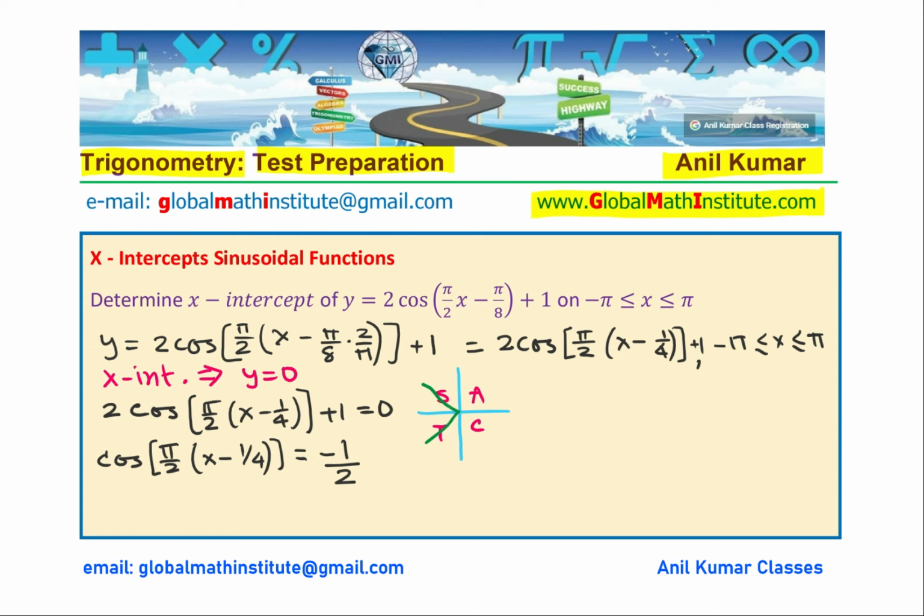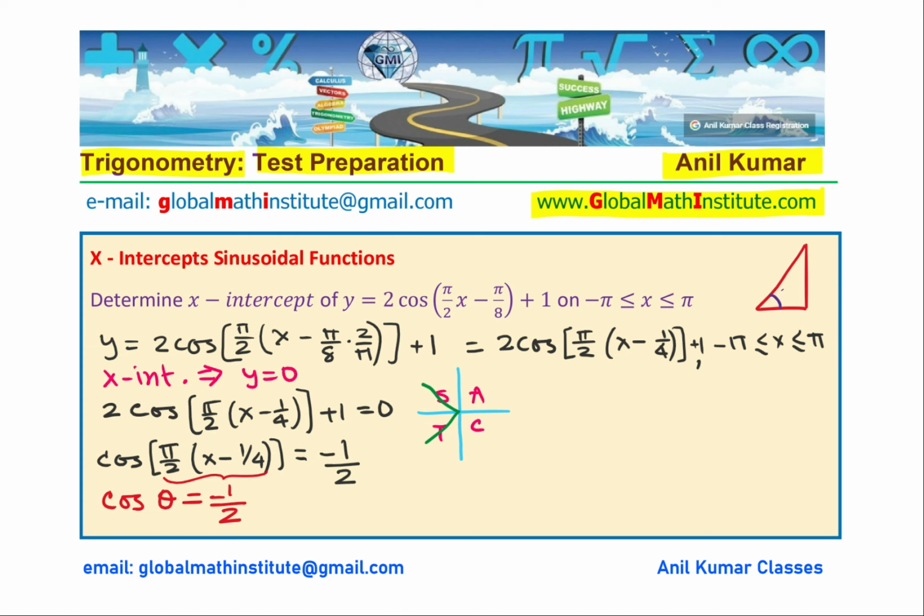So if I change this equation to, let's say, cos θ, so this angle I'm replacing with θ, equals −1/2. Then what is θ? This is the first thing, and from that θ, we can find the value for x. So minus half, you know, acute angle. You can use your special triangle to get this answer. Many times a calculator may not be allowed, so be careful about that part.